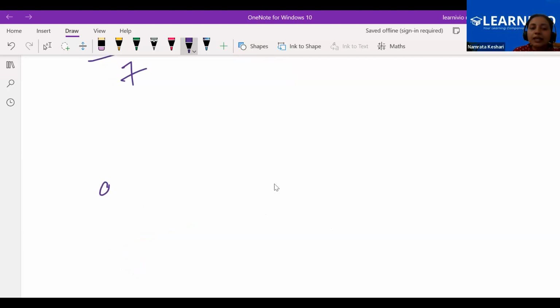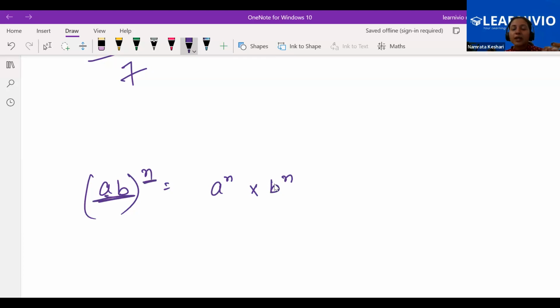Suppose we are having a b, the whole to the power n. It can be written as a to the power n into b to the power n. A and b are multiplied together and the power is n. When you open the bracket, it will be in multiplication, but you have to distribute this power to each and every term.